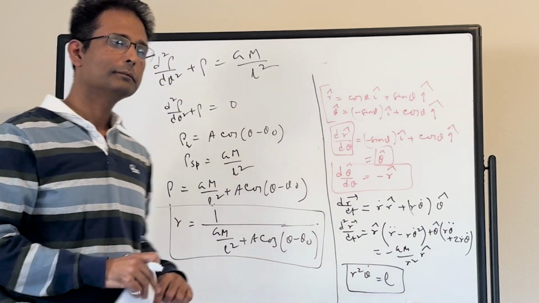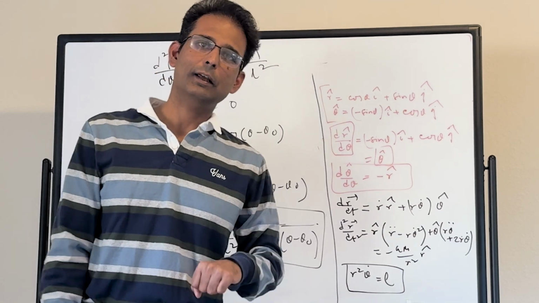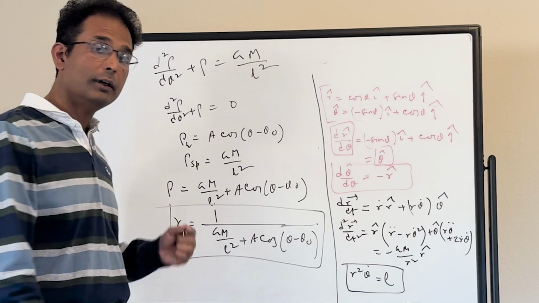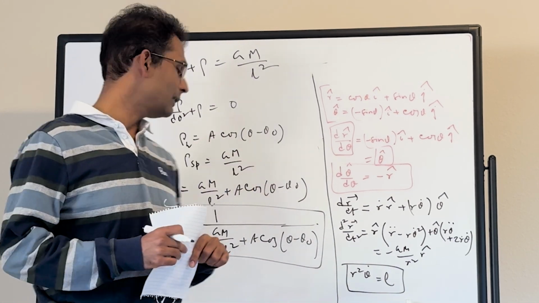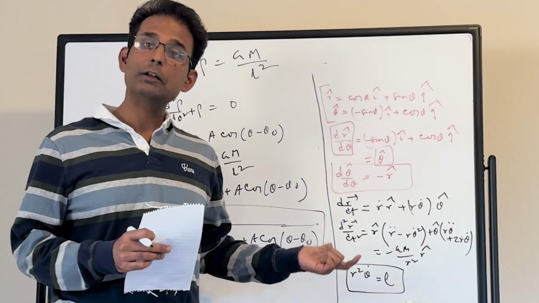And this is the polar equation of an ellipse, where the center from which r is measured is one of the two foci. I don't know if it looks familiar to you, but let me show you.